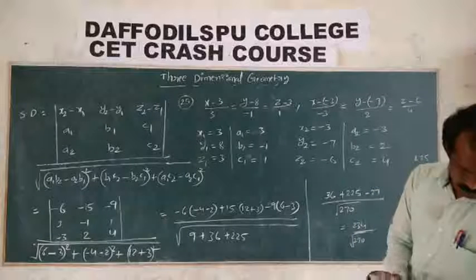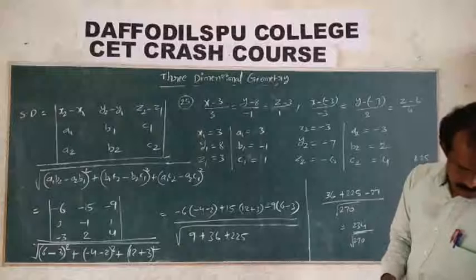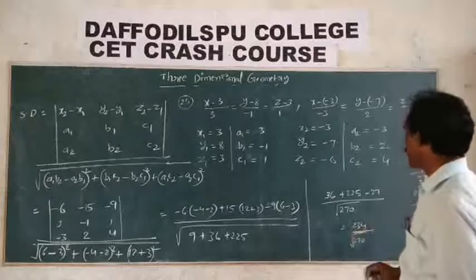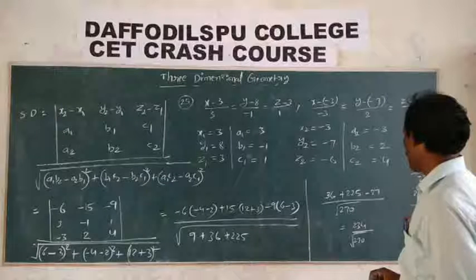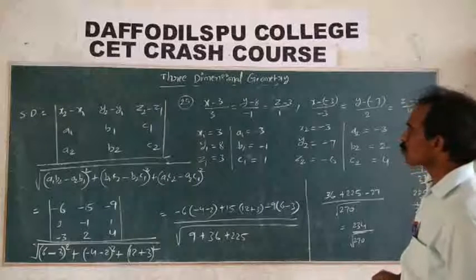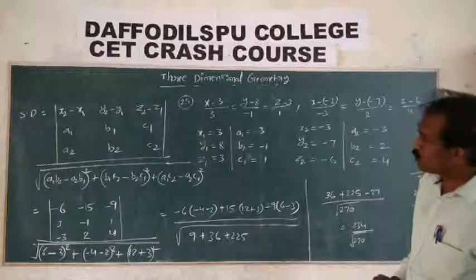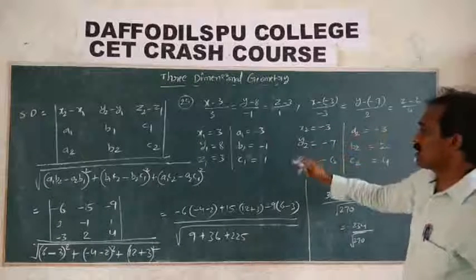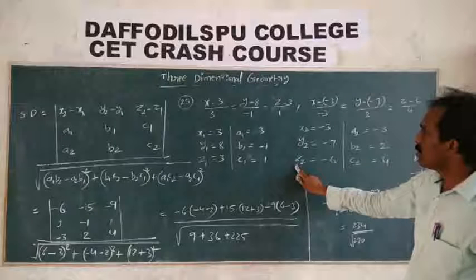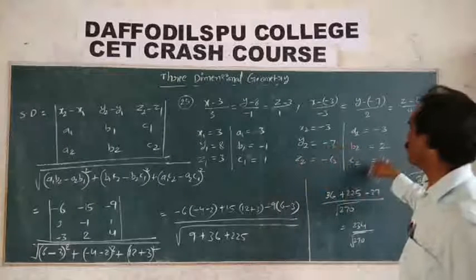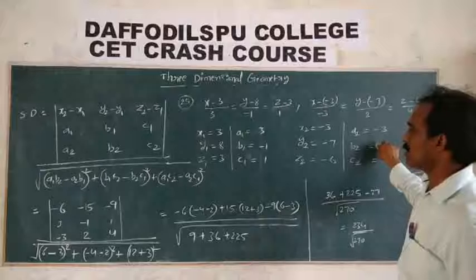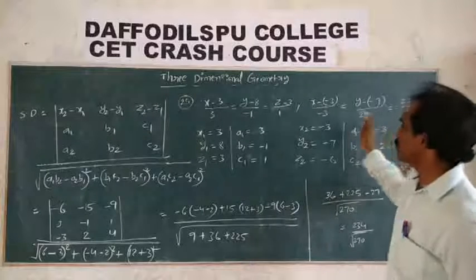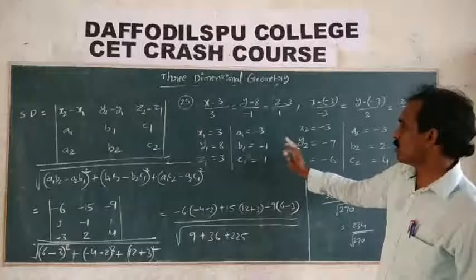Question number 25. Okay, you simplify. Just check: 3 minus 1 1 and minus 3 2 4. A1 B2, 3 into 2, 6, and minus A2 B1, minus 3 into minus, plus, minus 3 whole square.